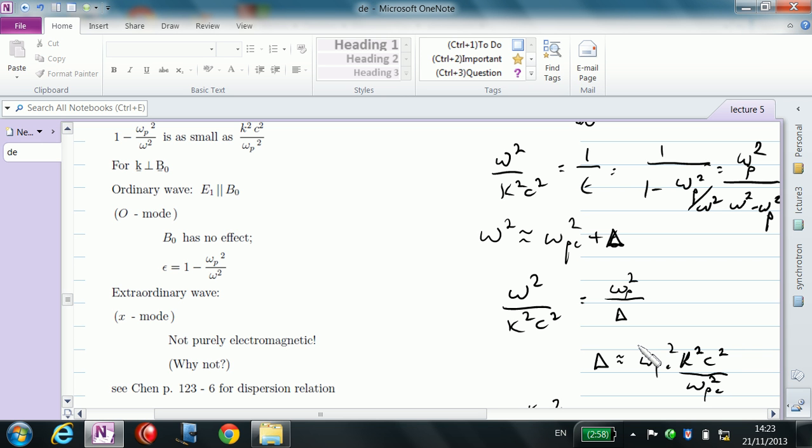So in the limit of k going to 0, it's an electrostatic mode, oscillating at the plasma frequency, and it's a longitudinal wave, and there's no electric field other than in the longitudinal direction.